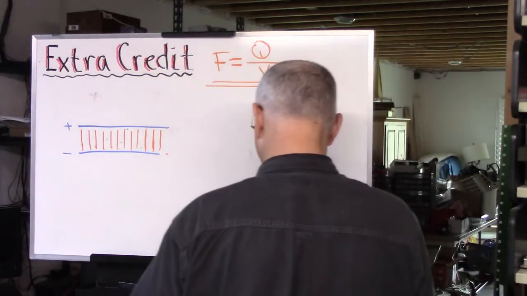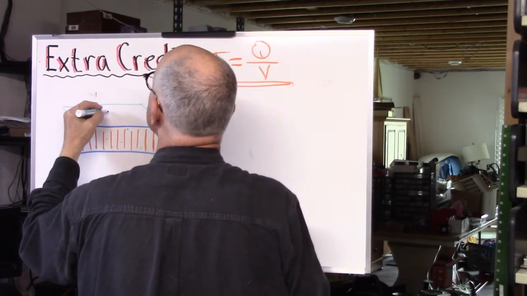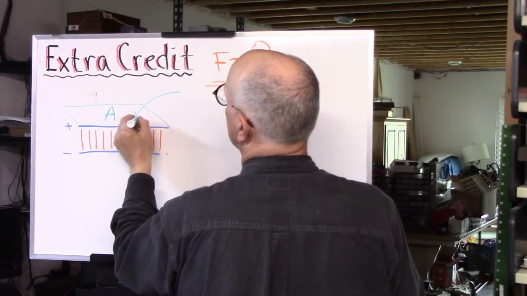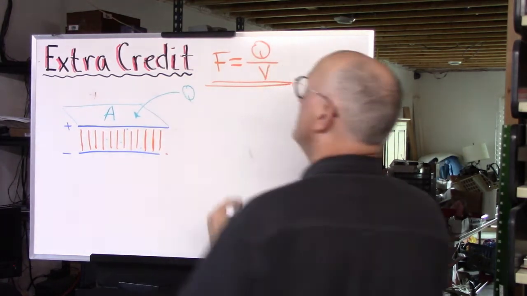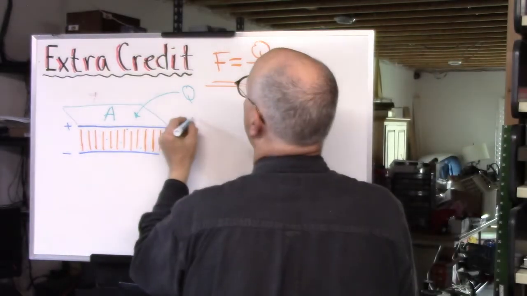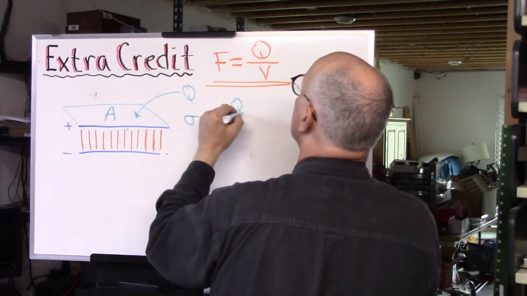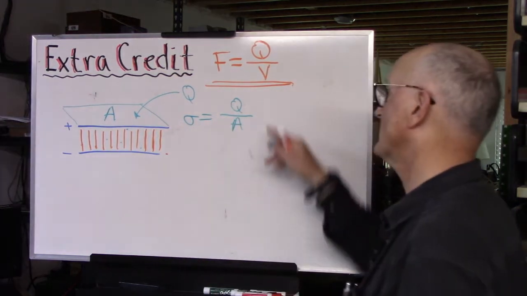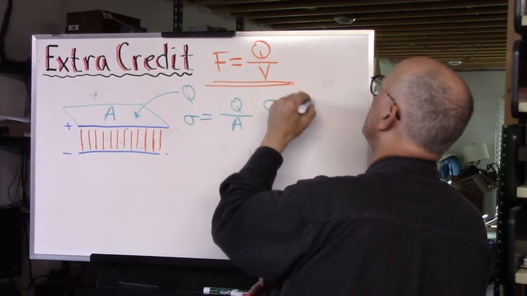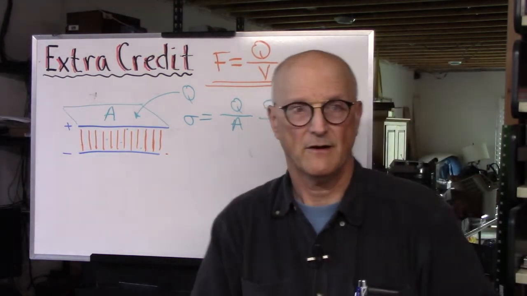Now, if we have a plate here and it has an area A, and we have put onto that plate charge Q, then the charge density is going to be equal to Q over A. Okay, so it's coulombs per square meter.